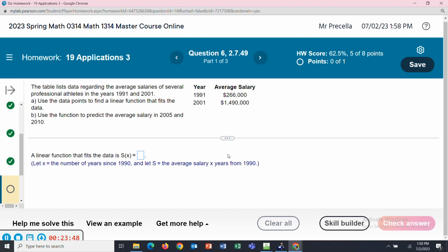Well, let me write down these data points. I'm writing the 1991, 266,000. I'm writing these as ordered pairs.